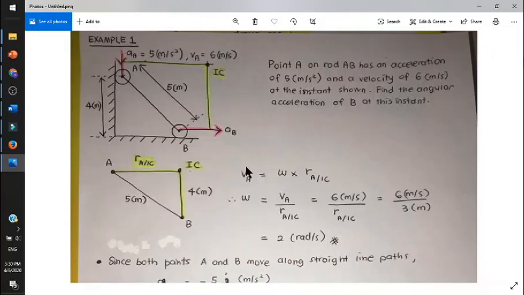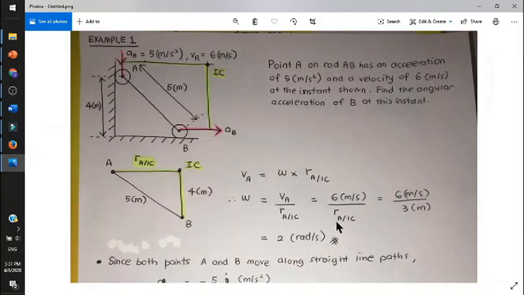Alright, so from the instantaneous velocity equation, we can use VA equal to omega times RAIC. This is the velocity equation using IC. VA you already know from the question is 6 meter per second over RAIC.